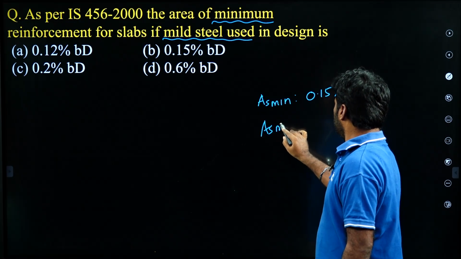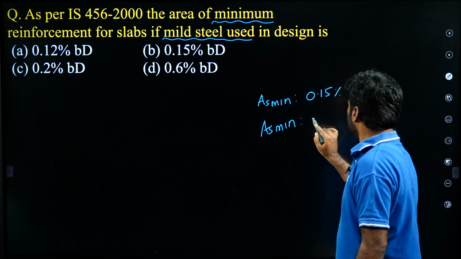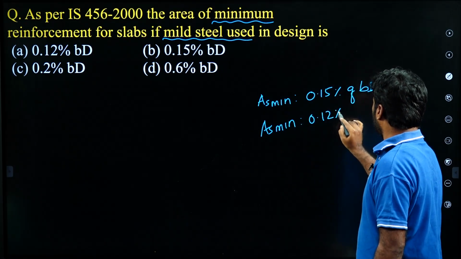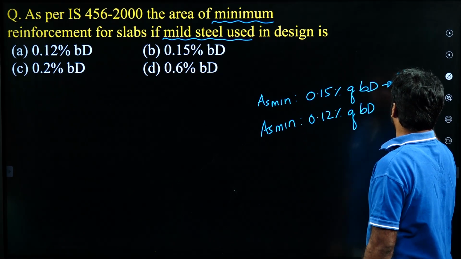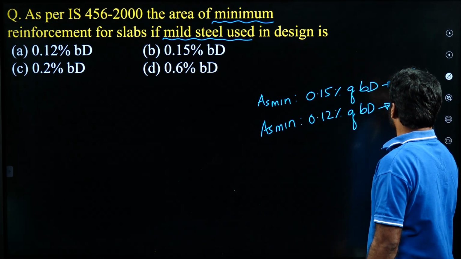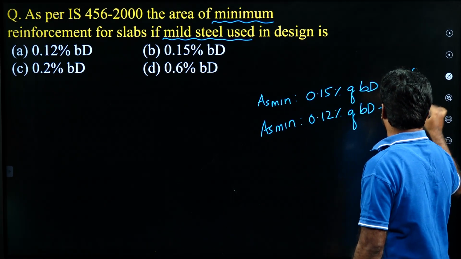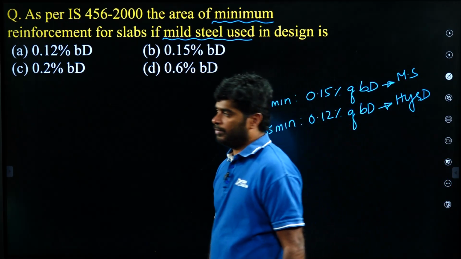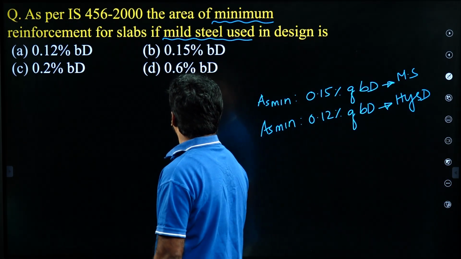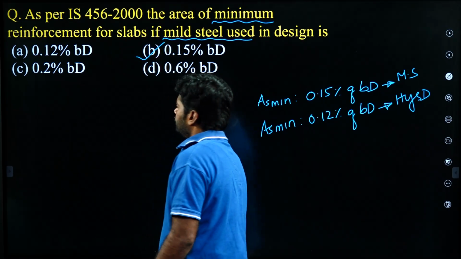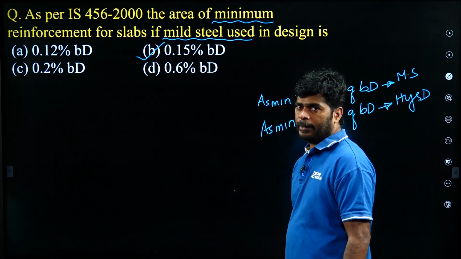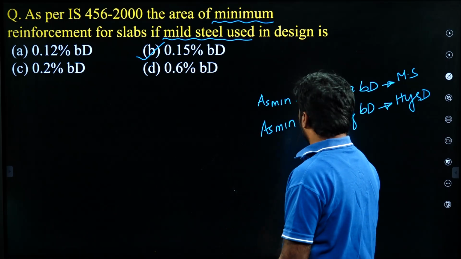If you select HYSD bars, minimum steel should be 0.12% of BD. So, mild steel 0.15% of BD. Option B is correct. Right. Next question.